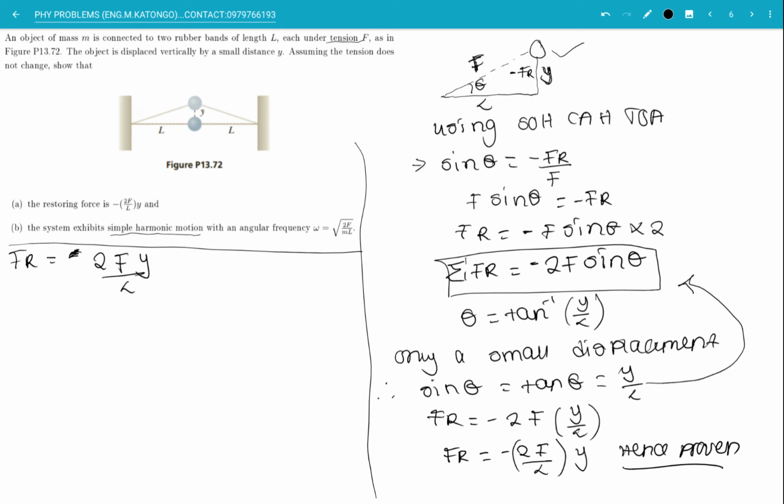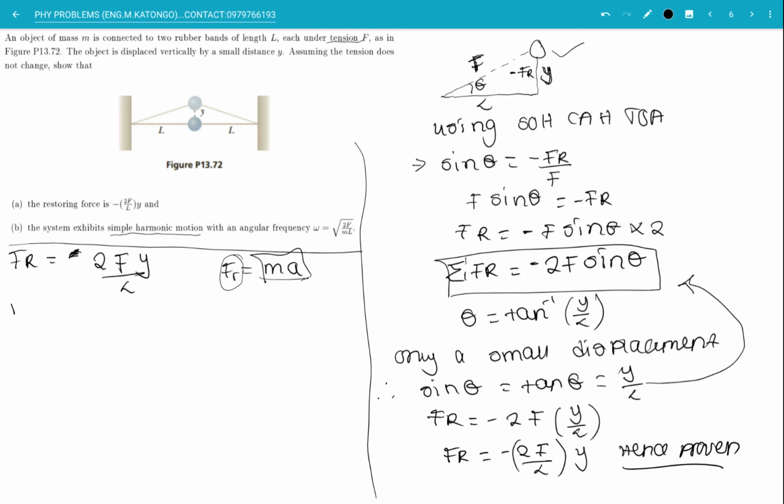Therefore, according to Newton's second law of motion, force is equal to mass times the acceleration. So we can replace the restoring force with this.